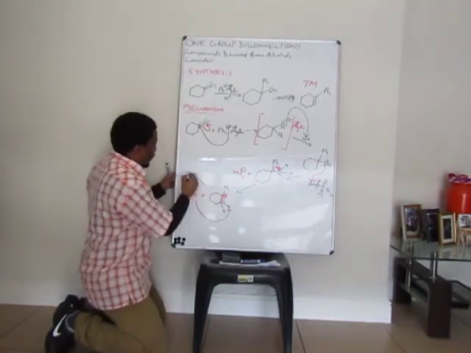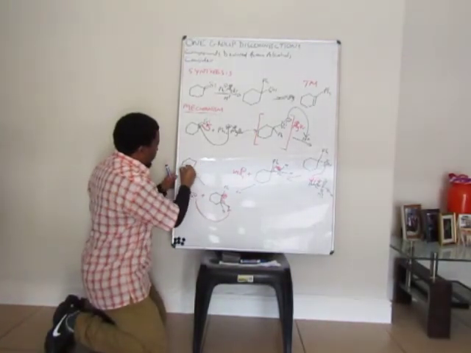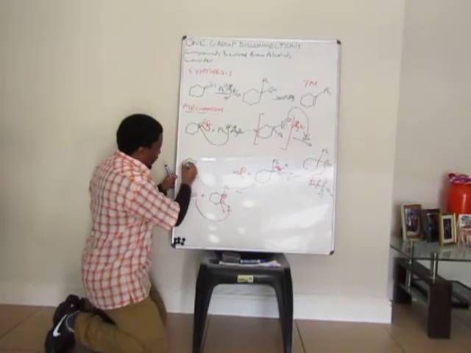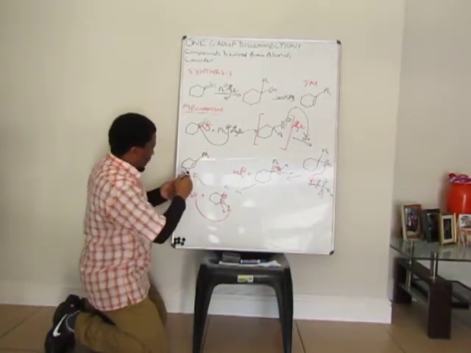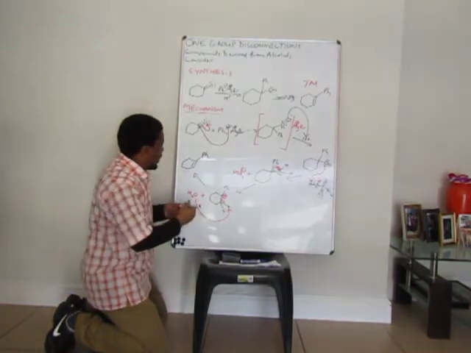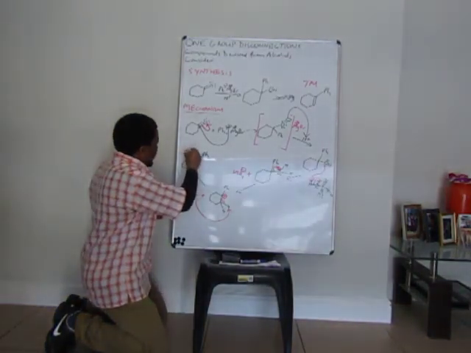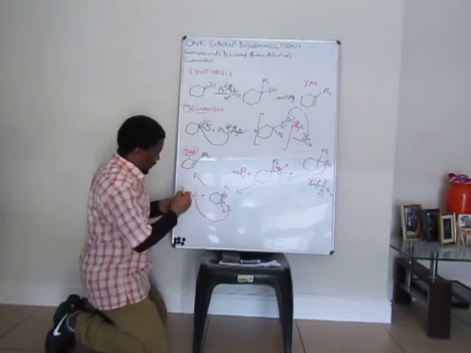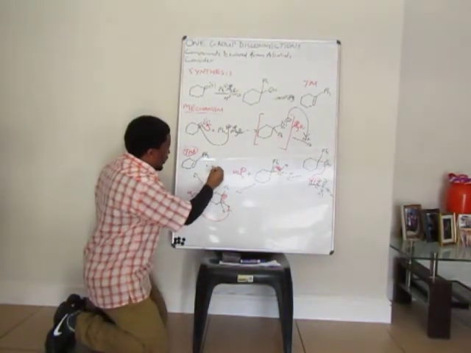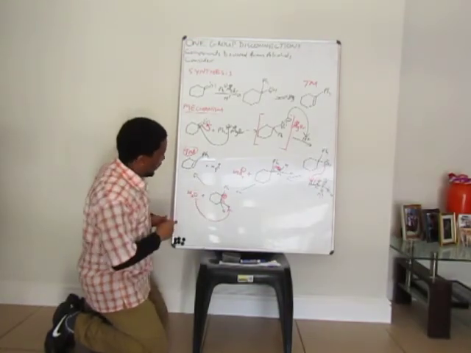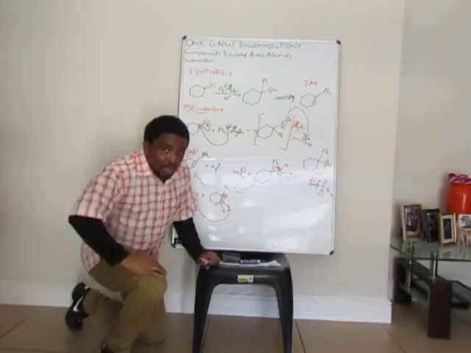The double bond is formed there. Then this is our phenyl. Now we have formed our target molecule, plus our H3O plus. Are you with me? There's our target molecule.